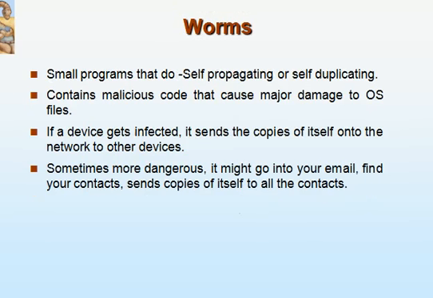If we talk about worms, they are small programs that are self-propagating or self-duplicating, containing malicious code that causes major damage to operating system files. If a device gets infected, it sends copies of itself onto the network to other devices.